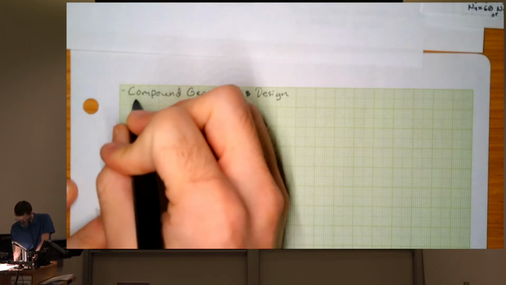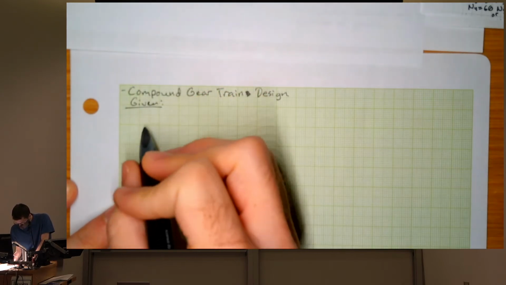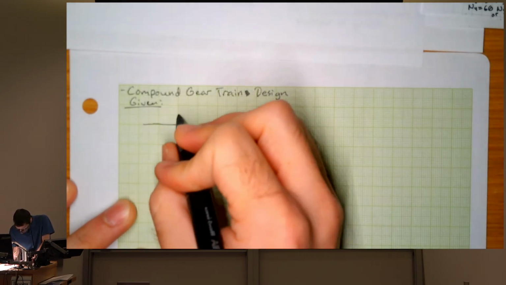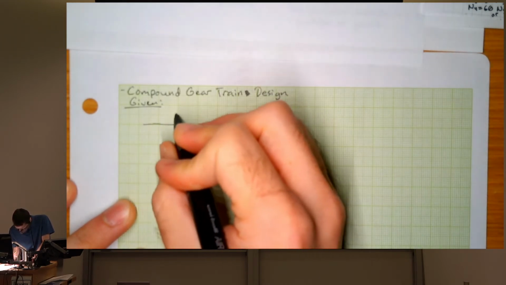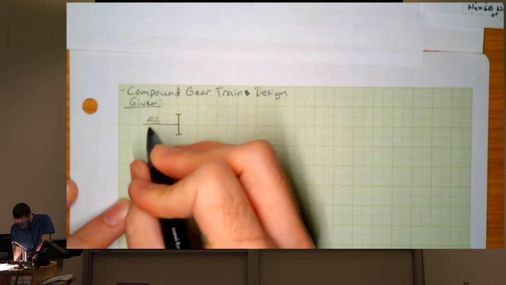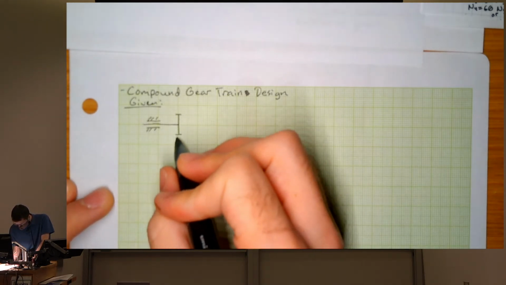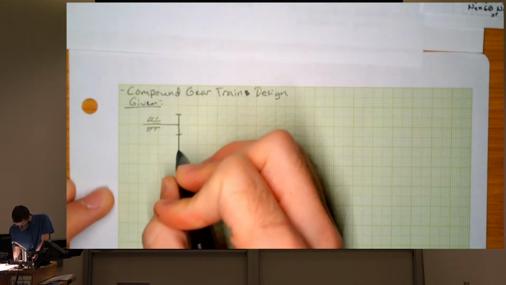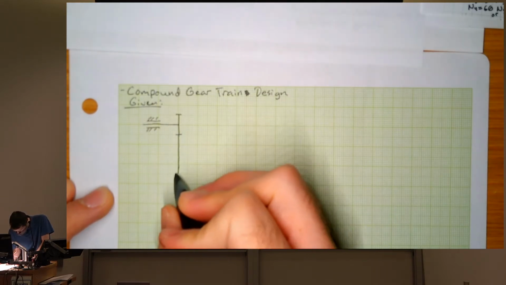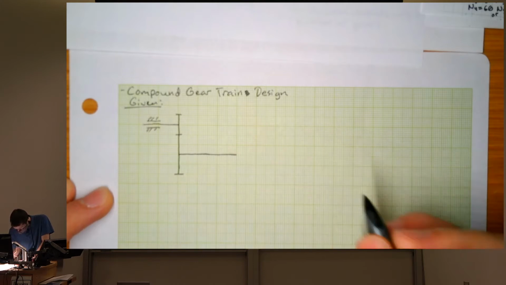So we're going to be given the following diagram here. We have some shaft with a gear on it, like that. So this is a skeleton diagram. And then that connects on to some other gear which is on another shaft here.